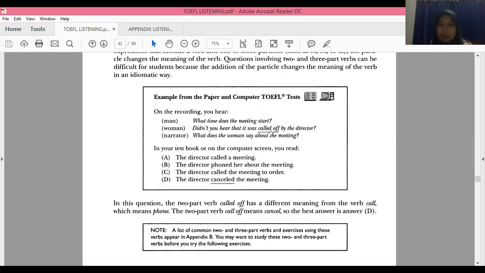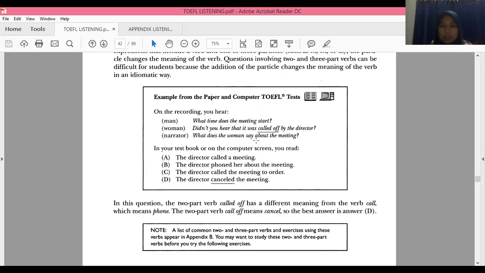Padahal di sini ada preposition off, double F ya. Called off creates a new meaning which means cancelled. So called off bukan memanggil atau terpanggil, but ya ini kan was called. Strukturnya seperti passive voice ya, past passive voice.